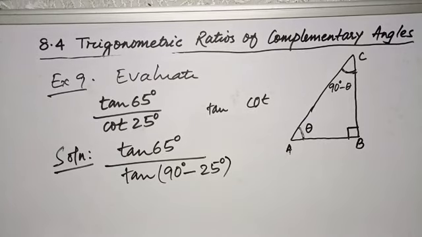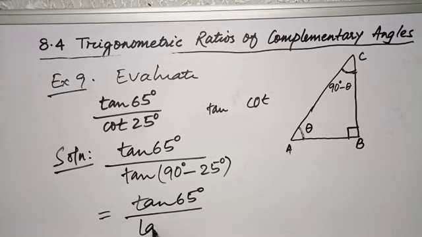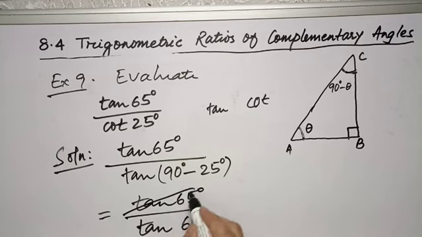The function changes and we write the angle as theta, just as I took theta as 30 degree and we solved some questions. So in this way you can write like this. This will be tan 65 over tan, and then 90 minus 25 will be 65, and numerator and denominator are the same. You can cancel it out and you will get the value as 1. So you got the value as 1.